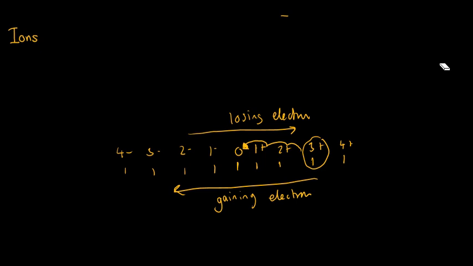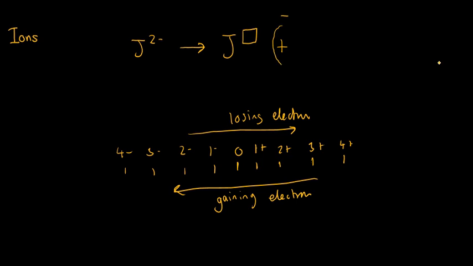Okay, so then we could think about doing this in the other direction. Let's say, for example, I had J 2 minus, and I then ended up going J, unknown symbol for my ion, but I lost, and remember what you lost goes into the addition sign at the end, I lost, let's go with 4 electrons.